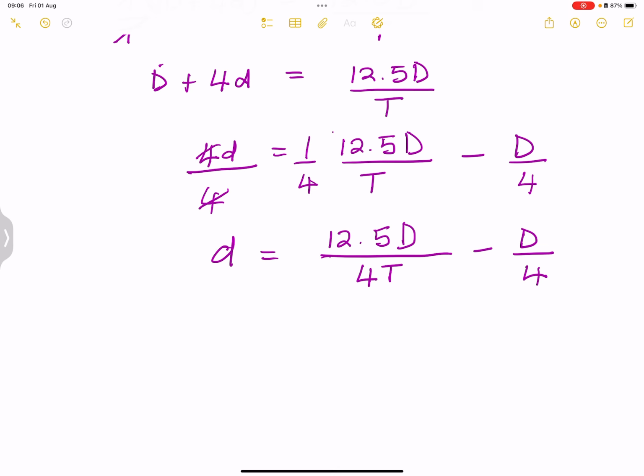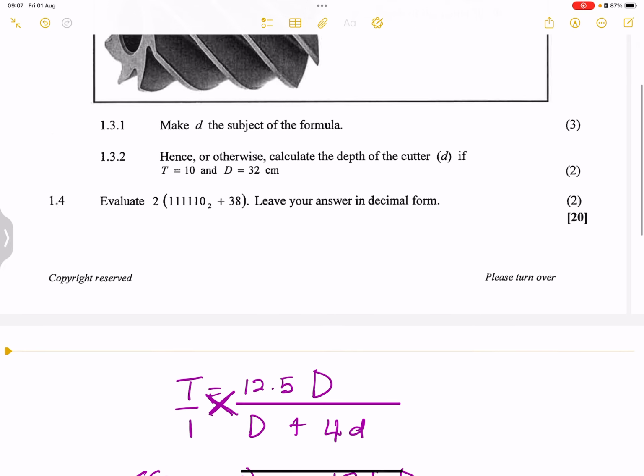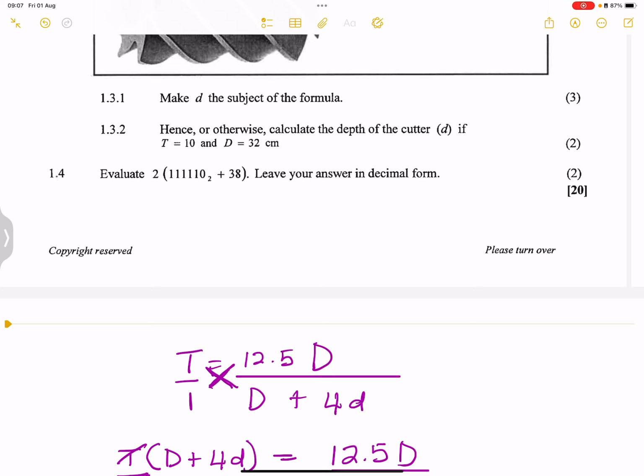Now let's look at the next question in relation to this. They say, hence or otherwise, calculate the depth d if t is equal to 10 and big D is equal to 32 centimeters. So we know we're looking for d.